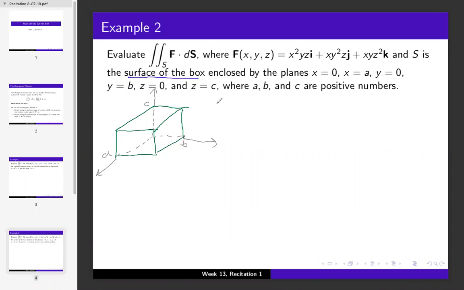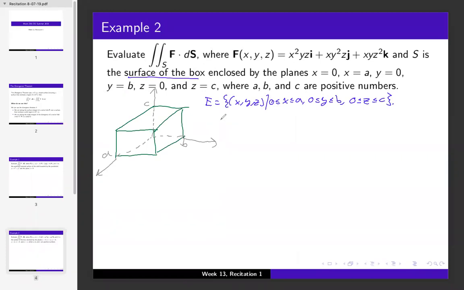So that box is easy to work with. So our solid E in this case is just all x, y, z such that x is between 0 and a, y is between 0 and b, and z is between 0 and c.